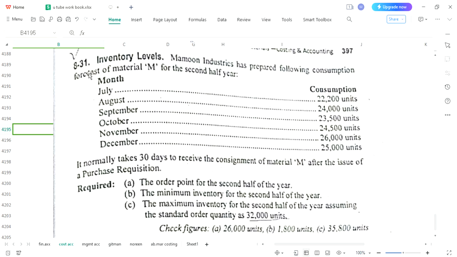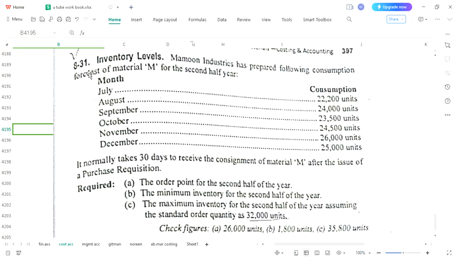In the last 3-4 questions we have repeated these formulas, and since we are related with cost and management accounting, it was repeated so many times that we are related with material, labor and FH. Several chapters we have seen regarding FH, where FH variance was calculated.